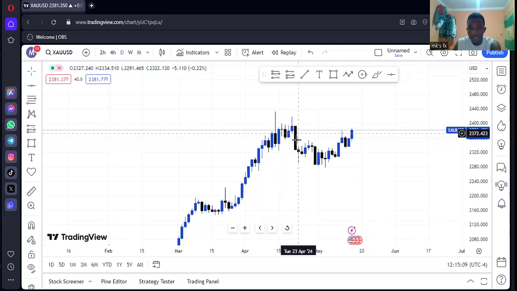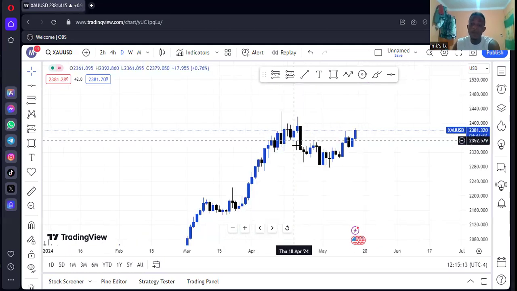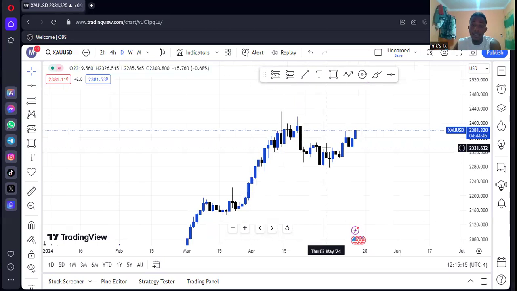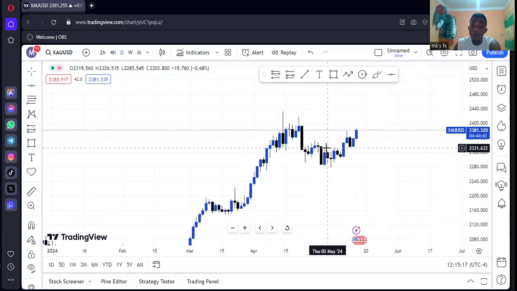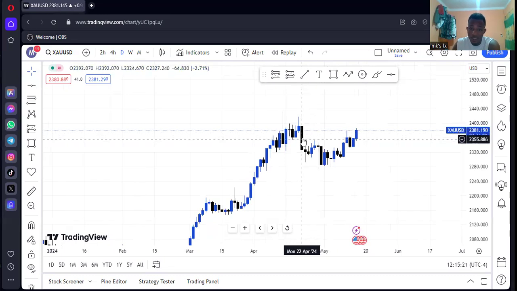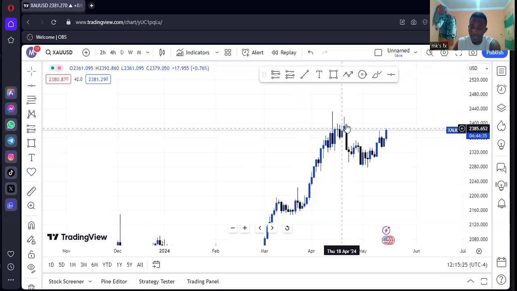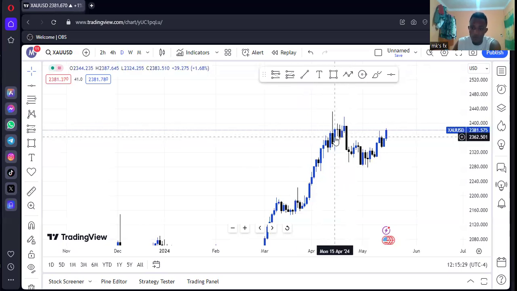Now, aside from that, according to analysis, be it ICT or SMC or price action, what can really make the market sell from here? As you can see, gold is at its highest level. So from the daily, there is not much information.